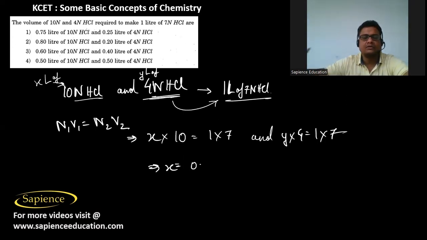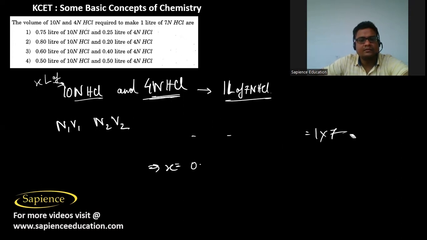So to form 1 liter of HCl. Okay. So if x liter of 10 normal HCl is used, then it means 1 minus x liter of 4 normal HCl should be used, since the total volume should be 1 liter only.